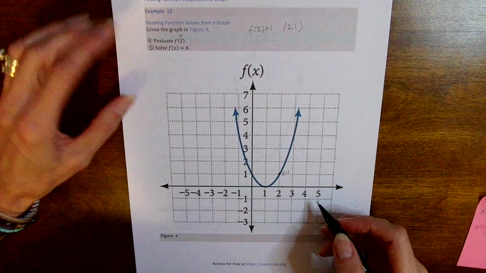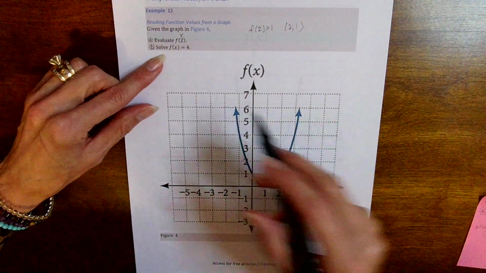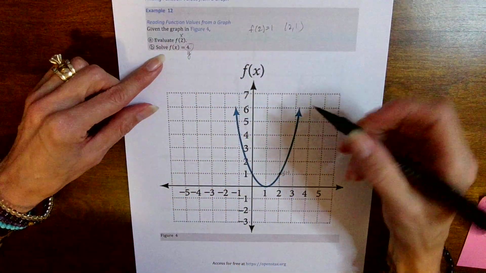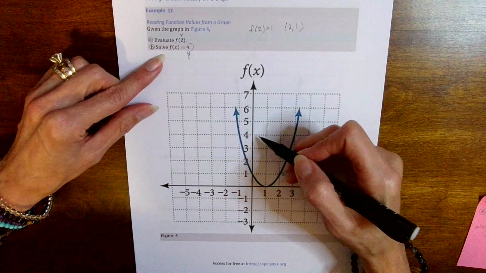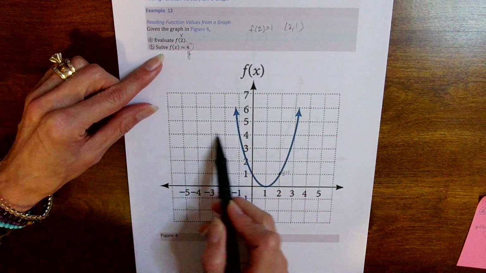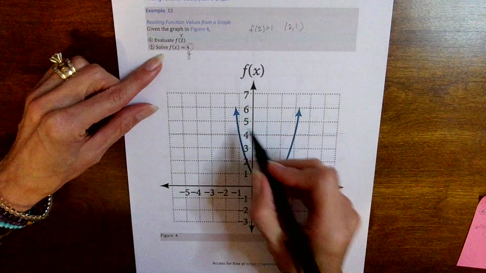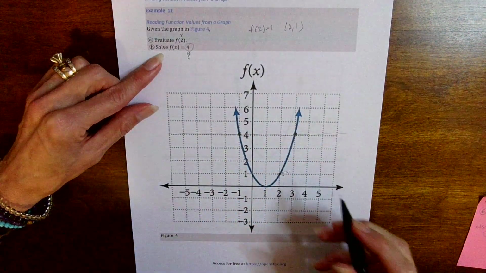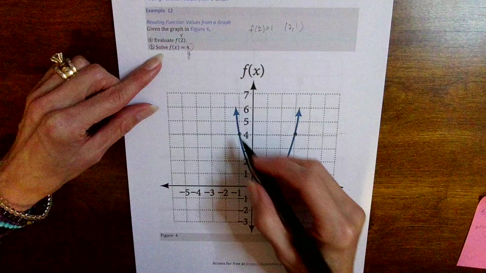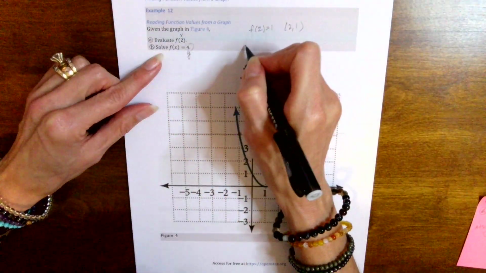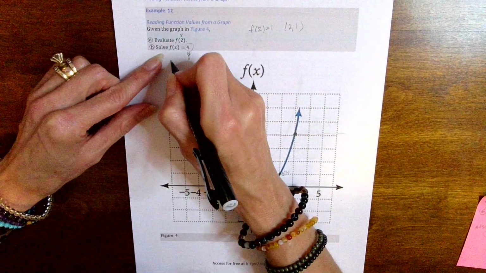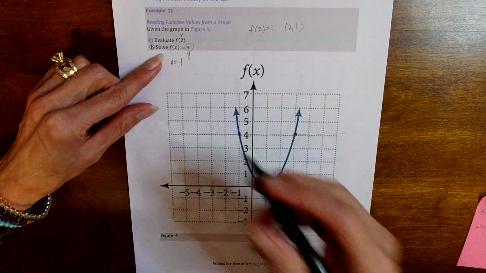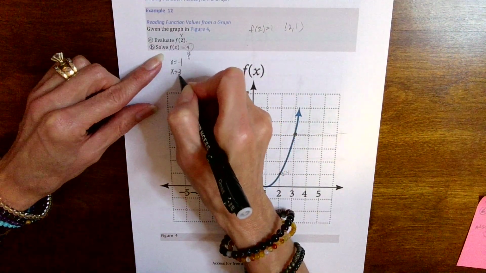And then solve f of x equals 4. So f of x equals y. So I know this is my y value. So I'm going to go up to y equals 4 on my graph here. And I see that it hits here, and it hits here. So I know that here x equals negative 1, and here on this one x equals 3.